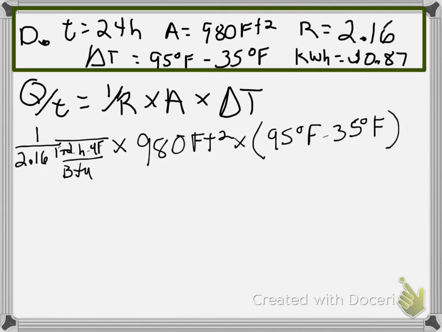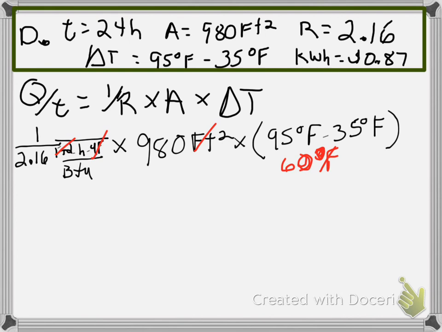Alright, so I wrote out everything. I've got my 1 divided by the 2.16, and that's all times the area of 980 feet squared, and that's times the change in temperature of 95 minus 35, that's 60 degrees Fahrenheit on that. And I'm going to cross out my units of Fahrenheit, feet squared, and I'm going to be left with hours of BTUs.